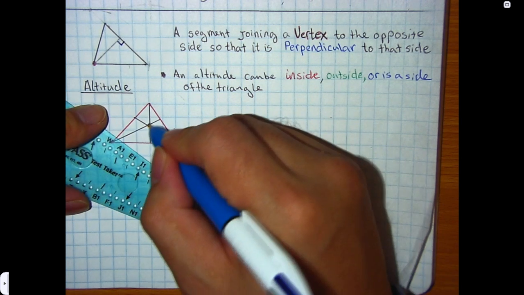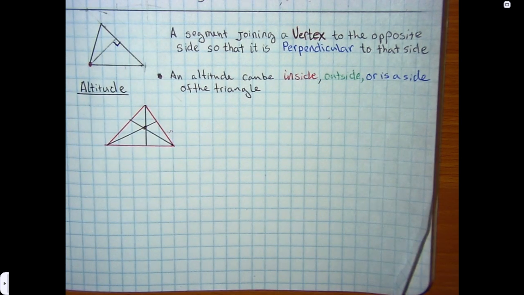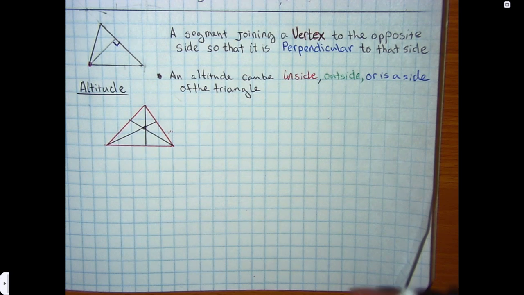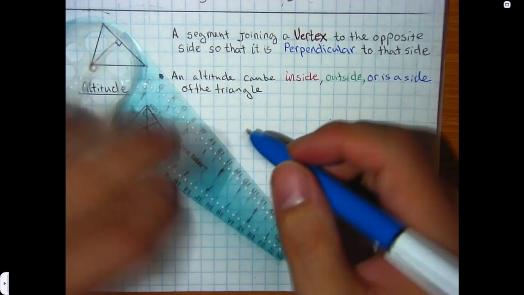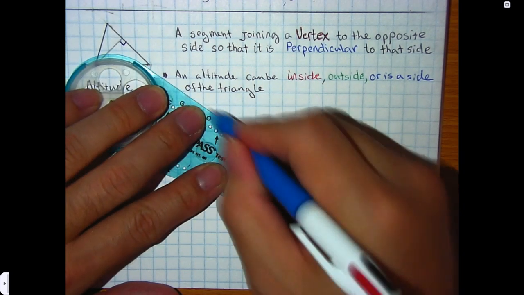That should be one point of the triangle. Now we can also have it outside of the triangle, and this happens whenever we have an obtuse triangle. So let's make it wide.